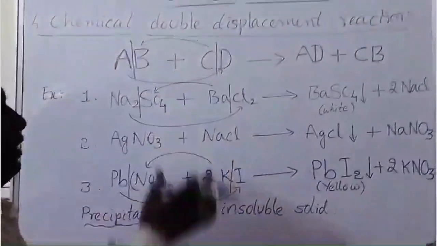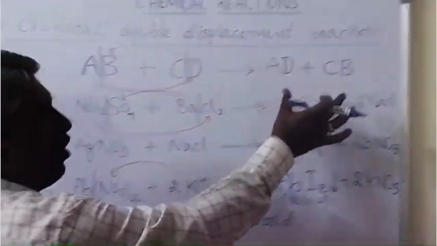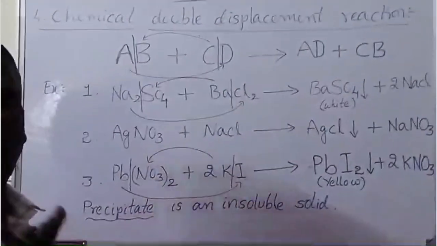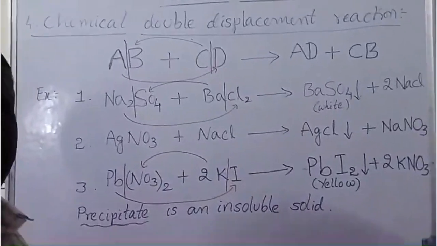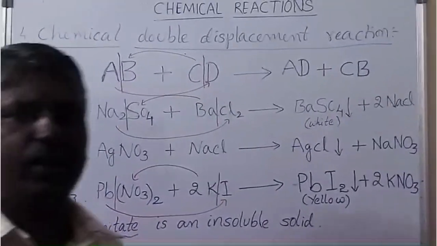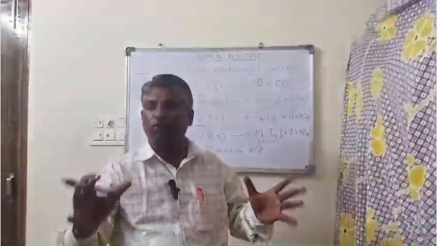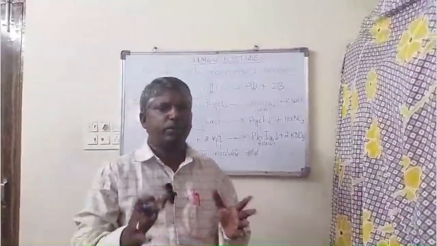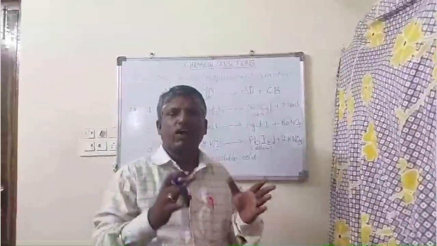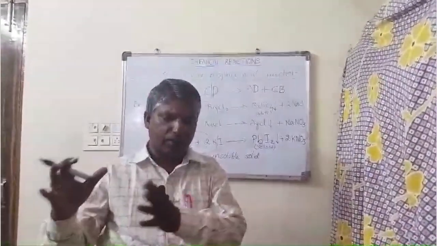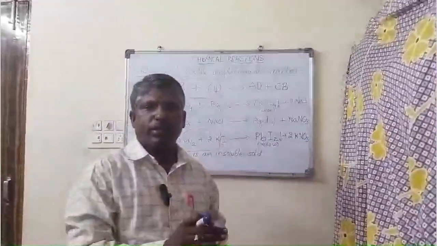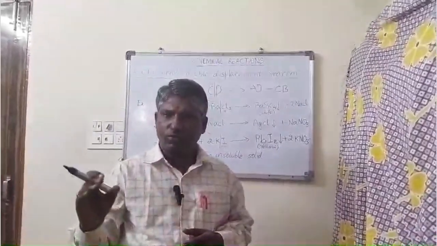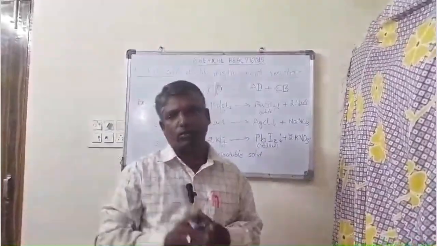When we observe the reactant side and product side, both have compounds. And in this reaction, generally a precipitate will be formed. Precipitate means an insoluble solid in a chemical reaction. A precipitate is always expressed with a downward arrow.